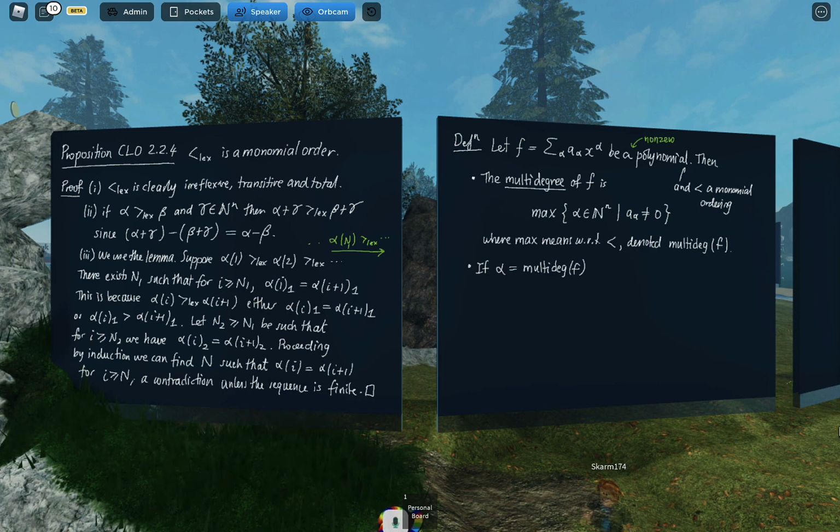So if alpha is the multi-degree of f, then the leading coefficient of f is written LC, and it's the coefficient of that monomial in f. Strictly speaking, we might write something like LC with a subscript for the order, because it really depends on the monomial order, but it's so cumbersome that we never do that.